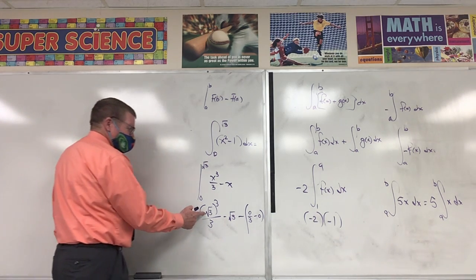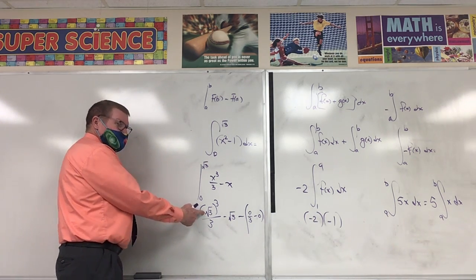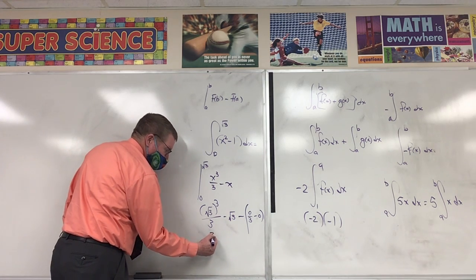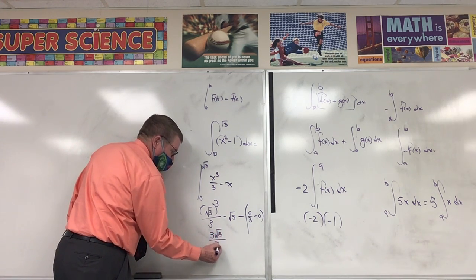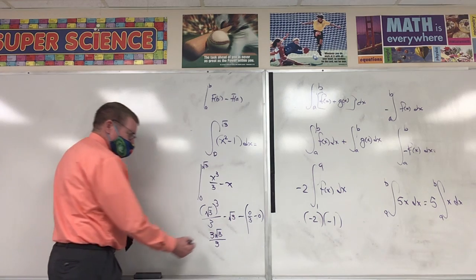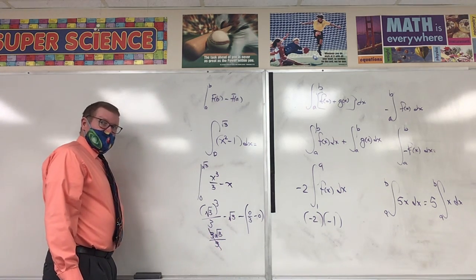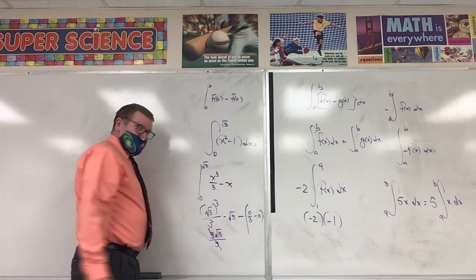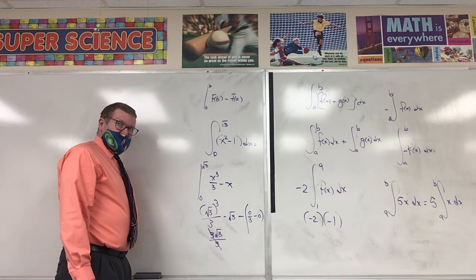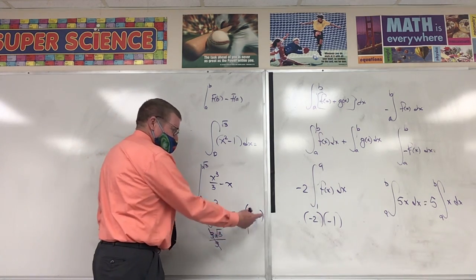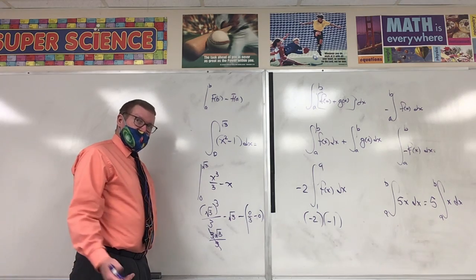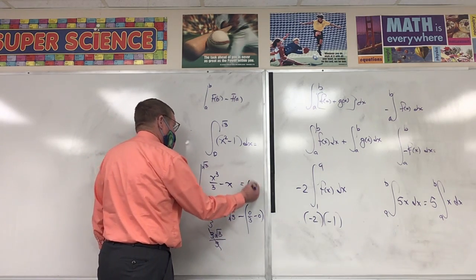The square root of 3 cubed is 3 times the square root of 3, over 3, which is the square root of 3, minus the square root of 3, which is 0. So therefore my integral equals 0.